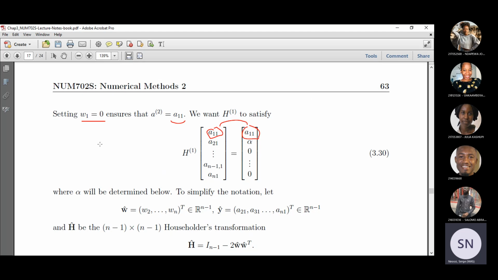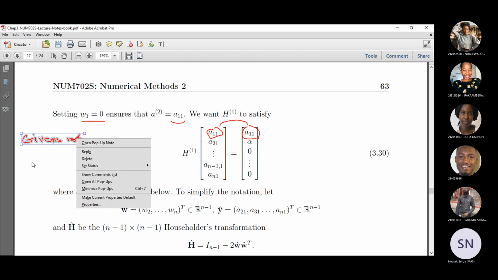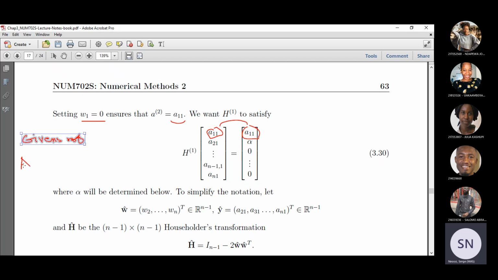If you recall, by analogy, if you remember with Givens rotation, we had a matrix A of this form: A11, A21, A12, A22. But when we constructed the G(i,j,theta), when we were selecting the value of theta, we did not use the entire matrix, but concentrated on what we want to achieve.